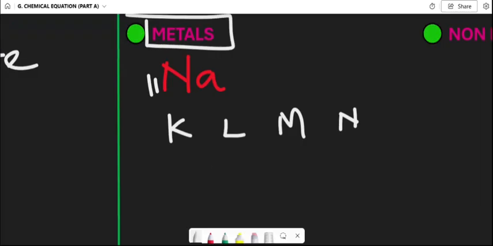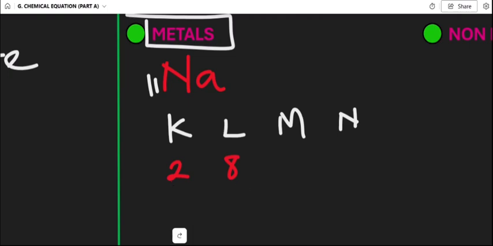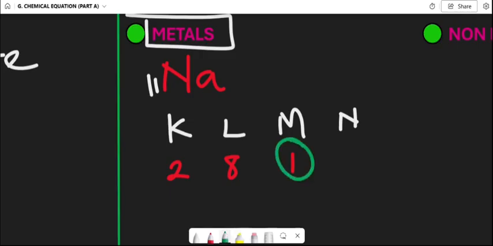The K shell can only accommodate a maximum of 2 electrons. The L shell can only accommodate a maximum of 8 electrons. If you look at this carefully, we already added 2 and 8. That's making 10. So I'm left with just one more. So that means sodium has a valency of 1.